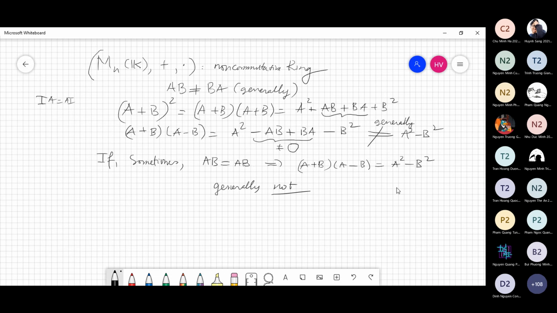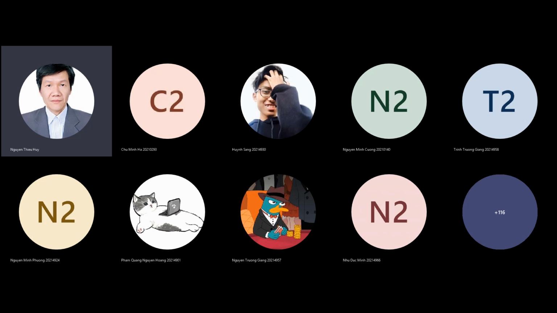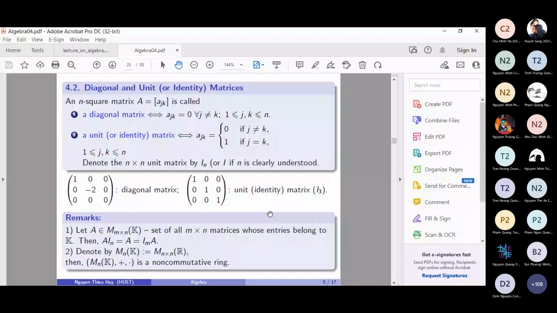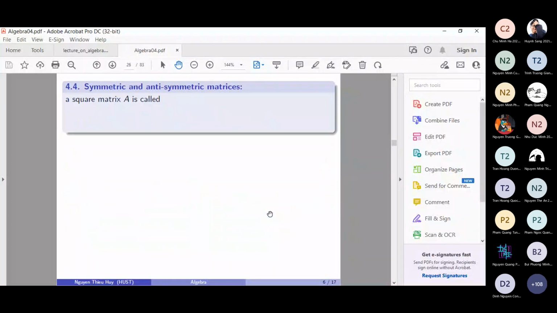Good. Okay, we return to the slide again, and I want to give you some more names, some more special matrices. We are going to the symmetric and anti-symmetric matrices.